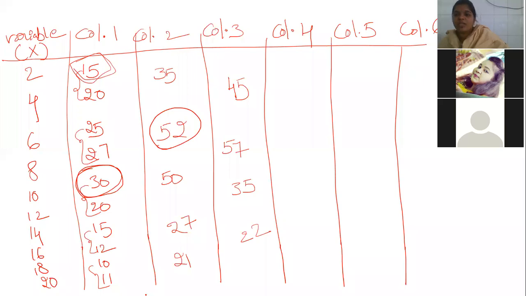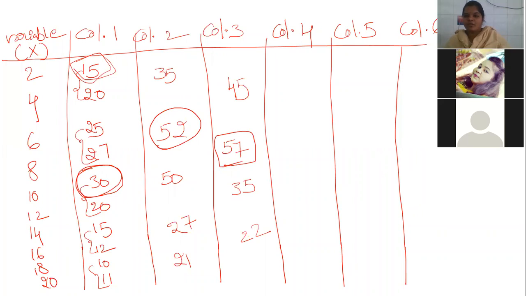The last number, you just leave that. We are not considering this 11 because we don't have the next frequency. Only a single 11 is there. Just leave that 11. So here, which one is the highest frequency? 57. You just mark that 57.